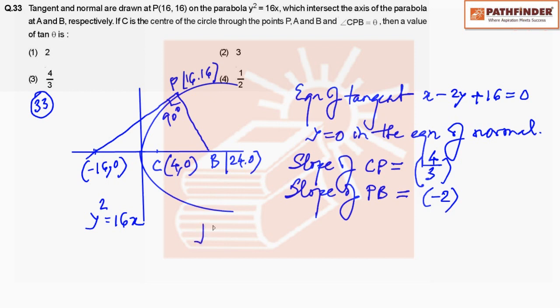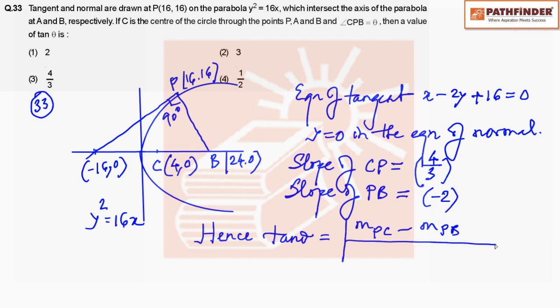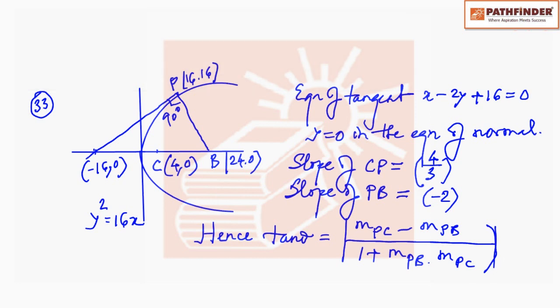Hence, tan theta equal to (m_PC minus m_PB) by (1 plus m_PB into m_PC), that is equal to what?